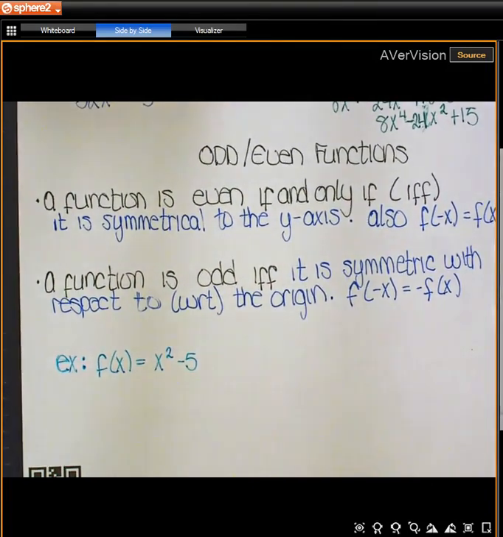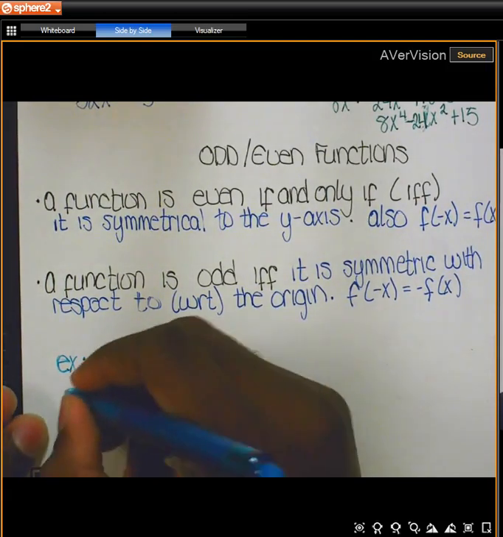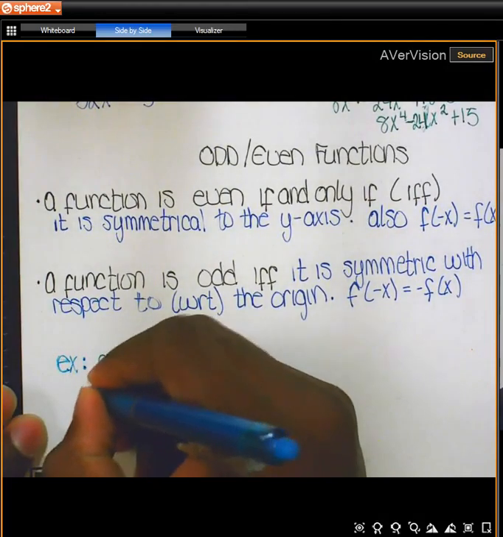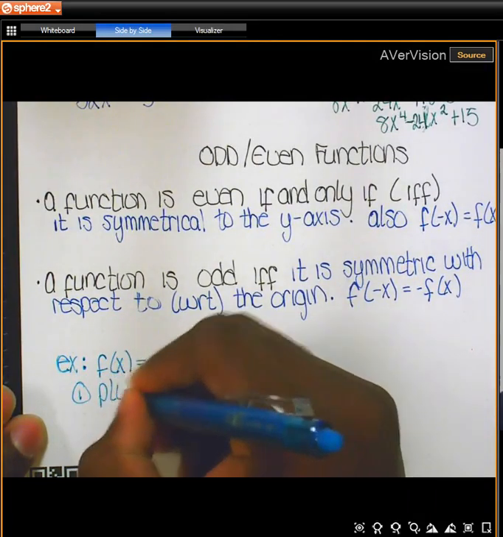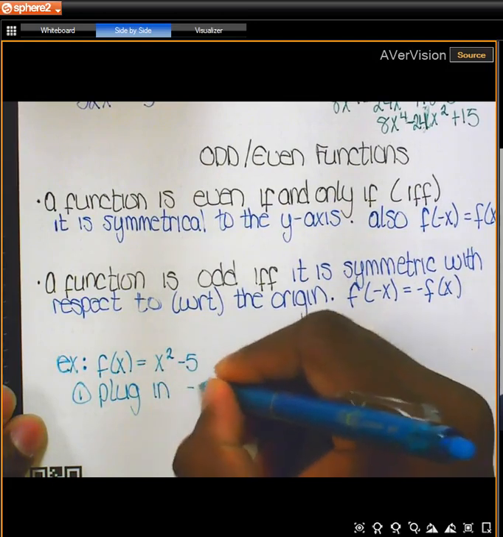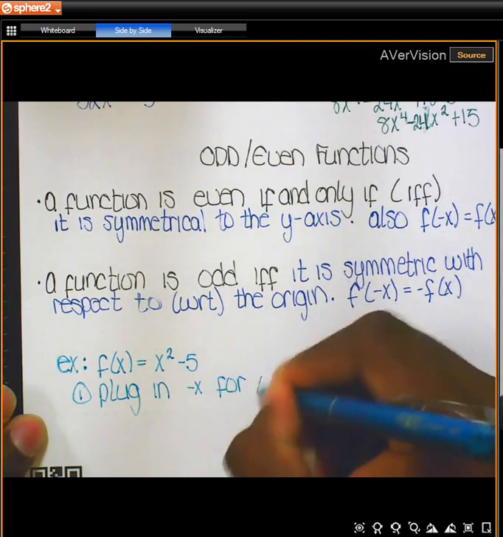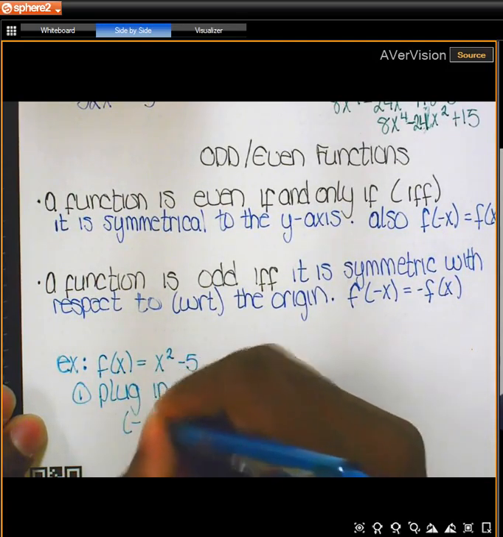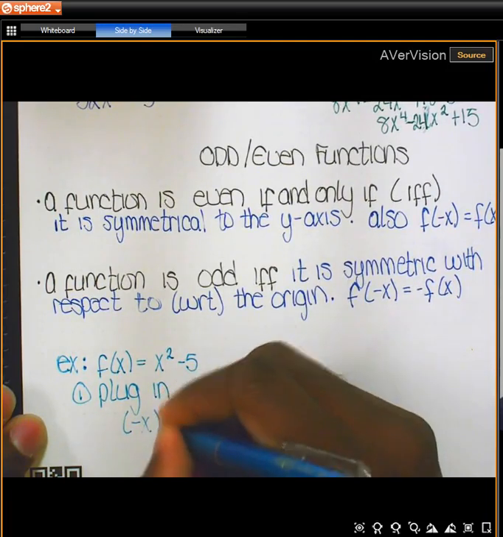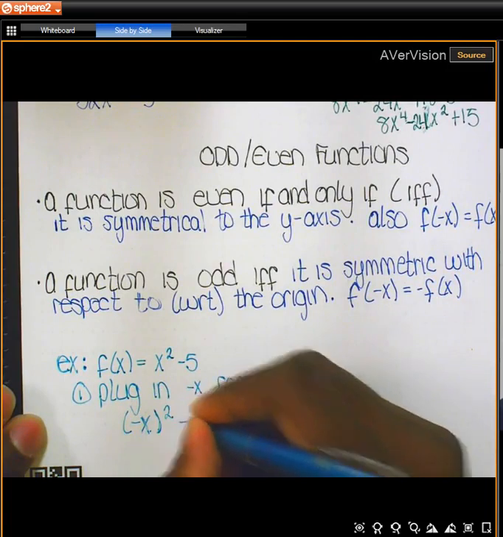Alright, we're given the function f of x equal to x squared minus 5. We want to see if it's odd or even. And we want to do this algebraically. So first thing we have to do is plug in negative x for x. If we do that, we get negative x squared minus 5.